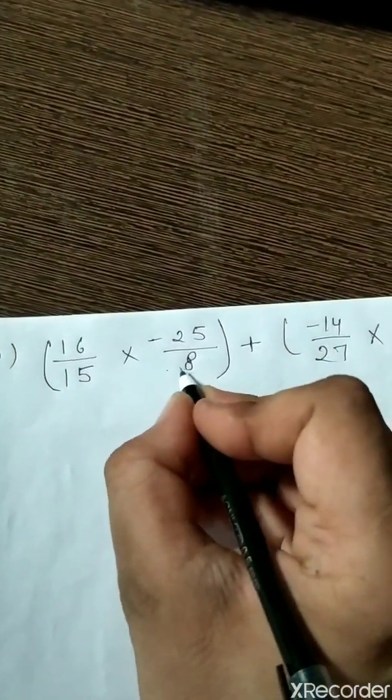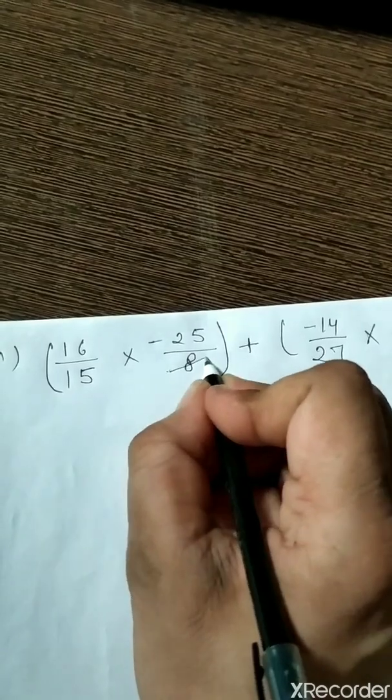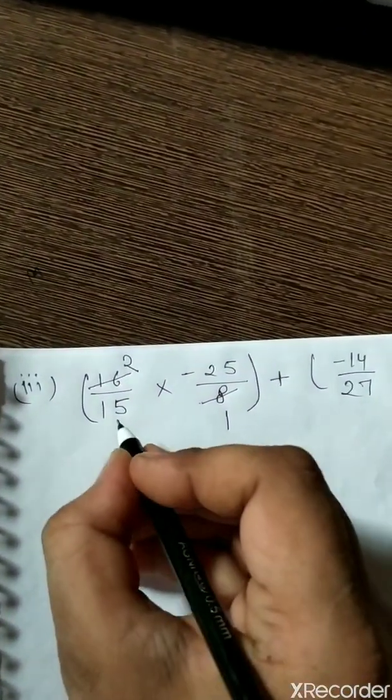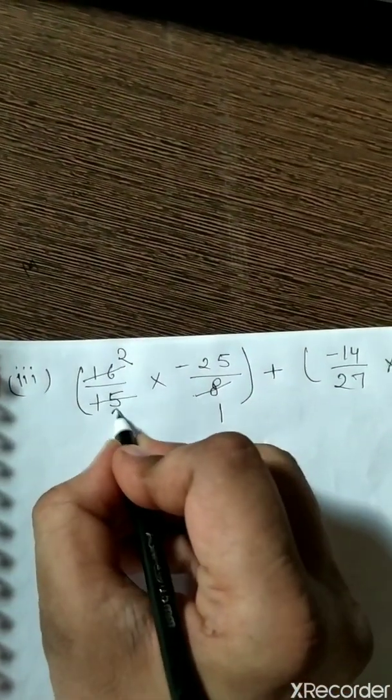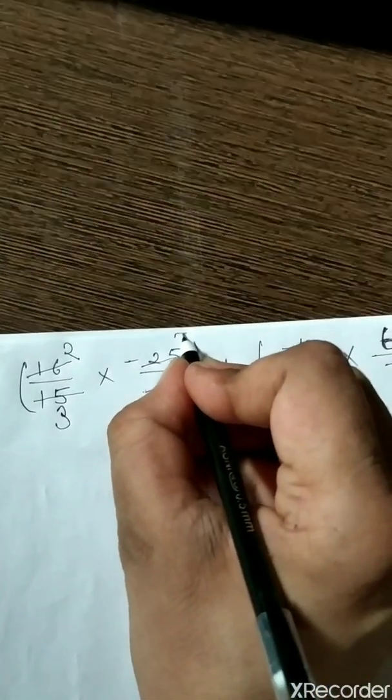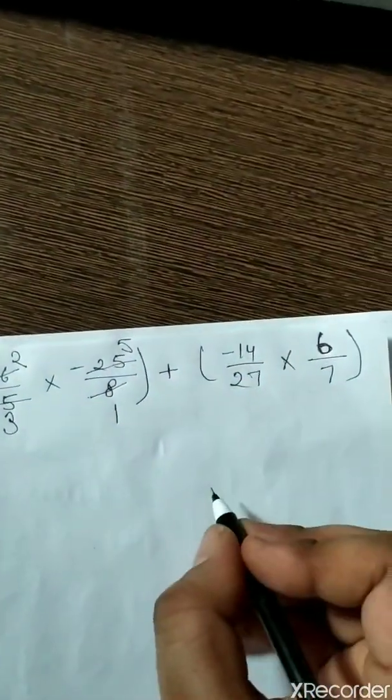First divide 16 and 8: 8 into 1 time and 8 into 2 times. So this numerator is divisible. Now here 5 into 3 times 15 and 5 into 5 times 25.